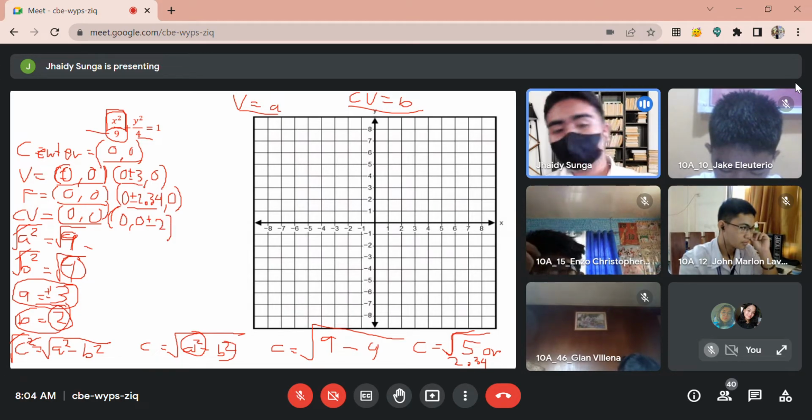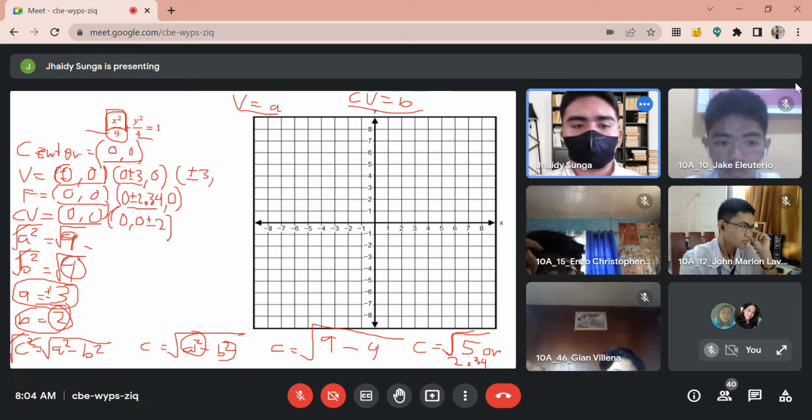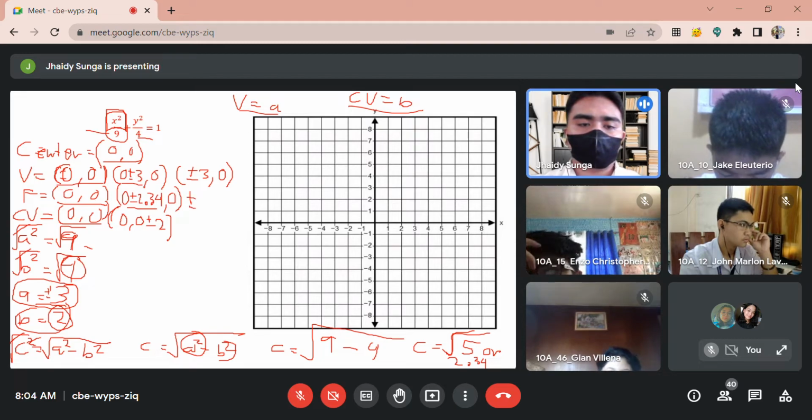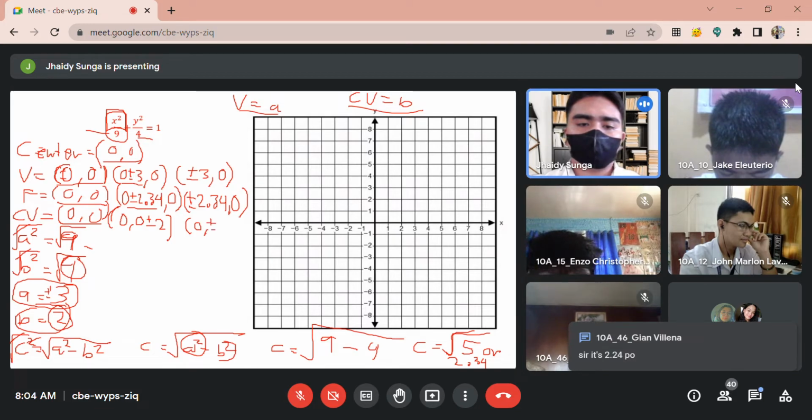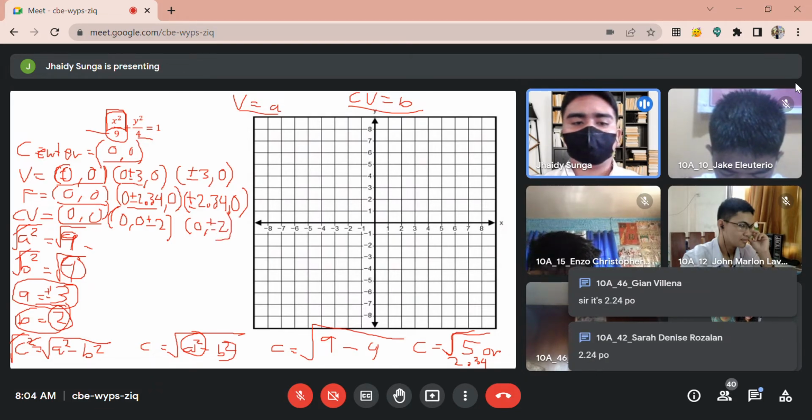So in final coordinates, you have positive and negative 3, 0, and positive and negative 2.24, 0, and 0, and positive and negative 2. Okay? That's how we are going to find the coordinates.